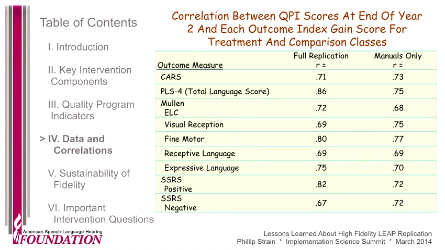What I think is important to share with you, more so than the differential effects in that study, are some correlations that were significant and some correlations that weren't. So in this chart, what we're showing is the correlation between the quality program indicator, our fidelity measure, at the end of year 2, and each outcome index gain score for both groups.